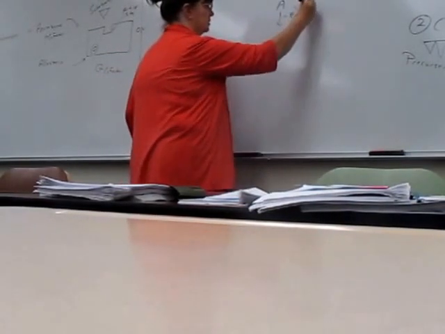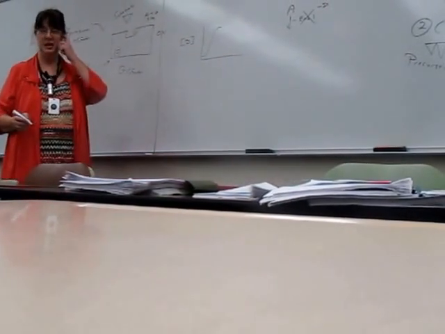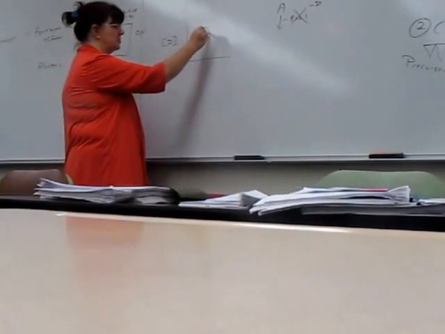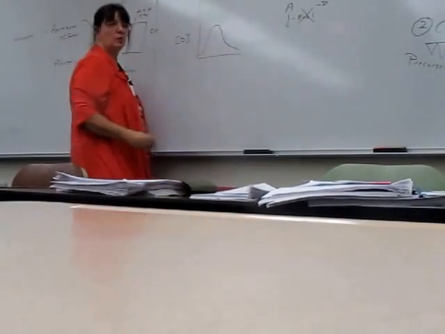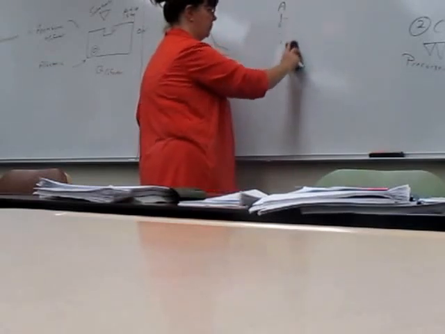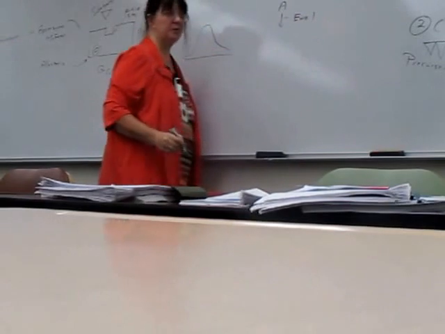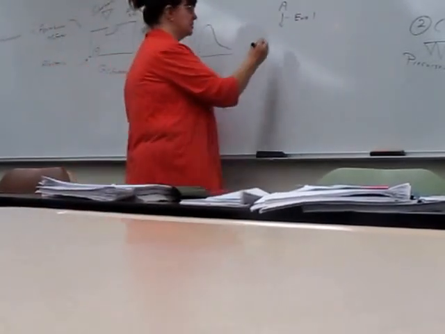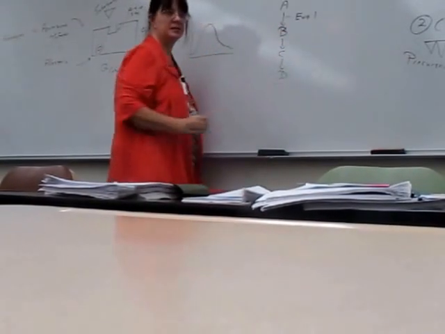Because D has gone back and either bound to or affected the enzyme further up the pathway. So what's going to happen to the amount of D in the cell? It's going to decrease. When it gets low enough, you're no longer going to have enough D to affect enzyme 1, right? So enzyme 1 is no longer going to be inhibited by the product. It's going to turn back on.